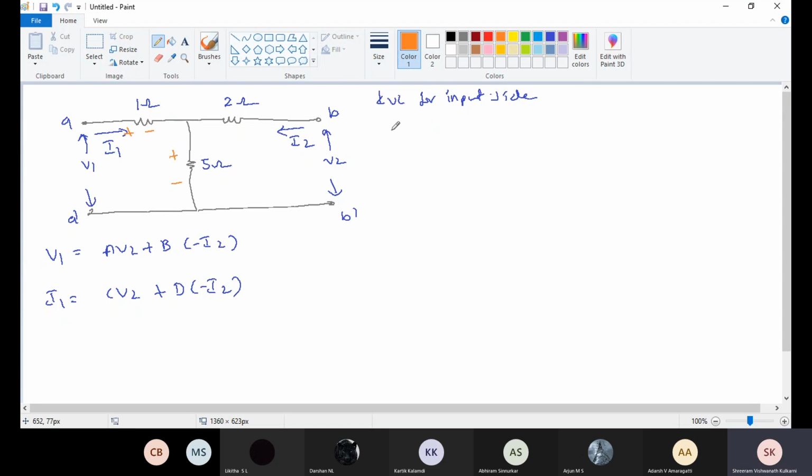Okay, now minus 1 I1, then minus 5 I1, then plus V1 equals 0, because I2 is 0. So minus I1 minus 5 I1 plus V1 equals 0. So I'll get 6 I1 equal to V1.